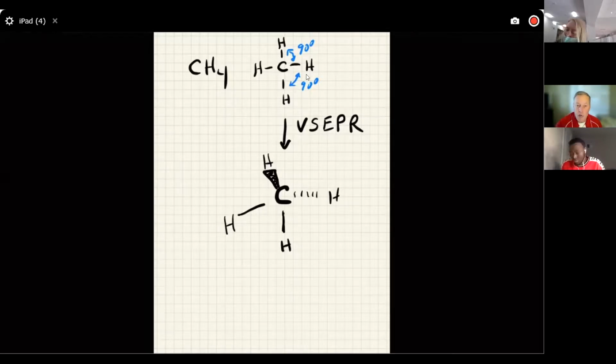If you draw a straight line, these are in the plane of the paper. So if you were to measure these angles, you would find that all of these angles now are 109 degrees.